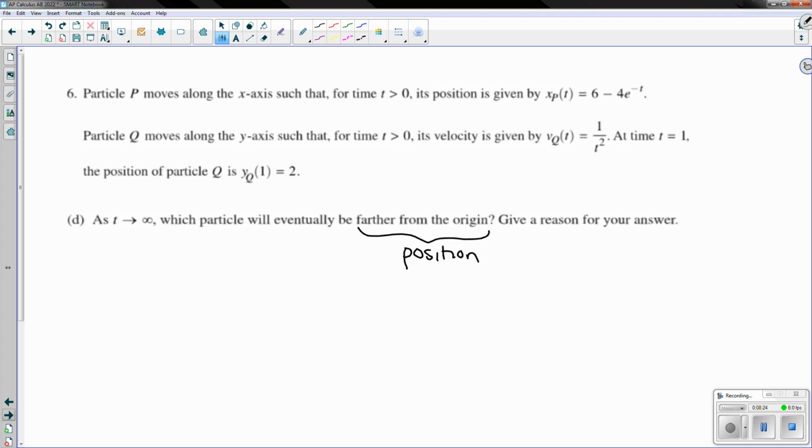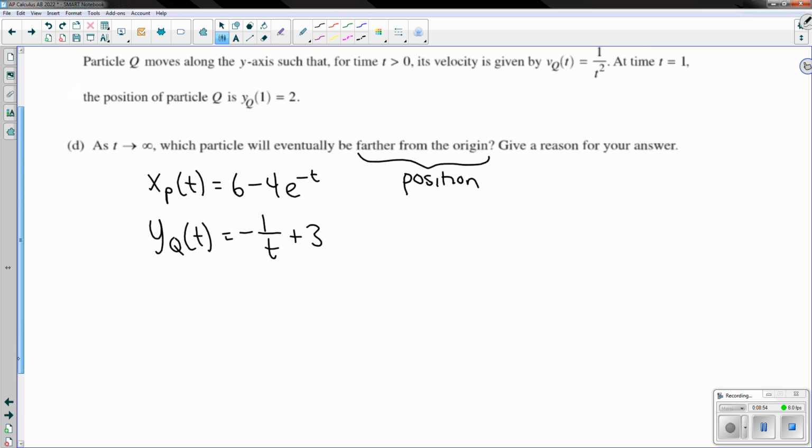So our position for particle P we have given to us, and in part C, we just found the position for Q. So here are our two position functions. P is moving along the x-axis, and Q is moving along the y-axis. So let's see which one's going to be farther from the origin as we approach infinity. This is essentially a limit question.